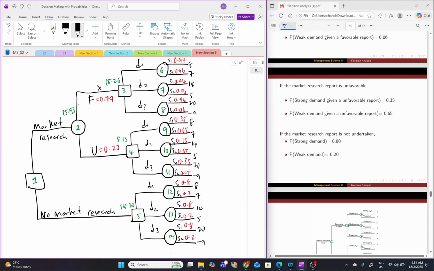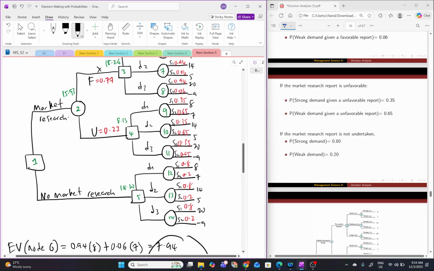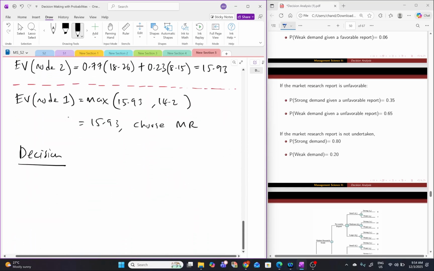So kita pilih 15.93. So decision is choose market research. I just write MR lah kat sini.